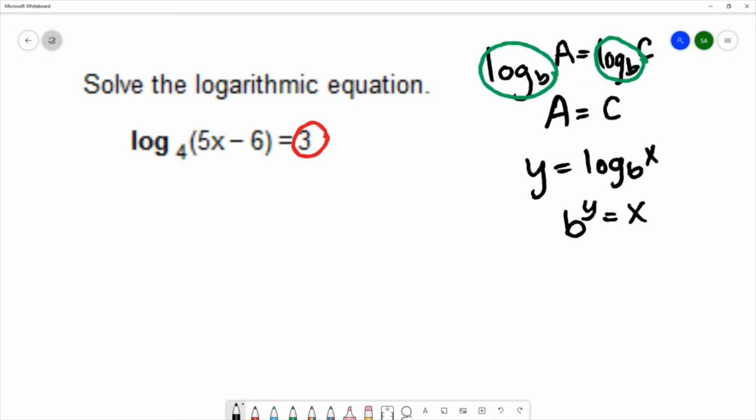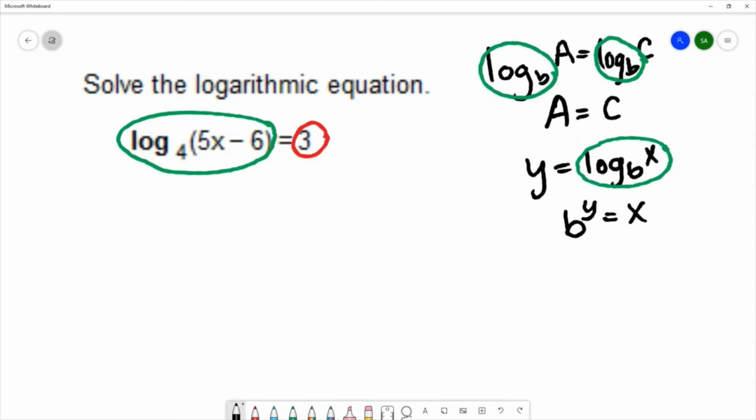So it allows you to rewrite that equation in something that's more familiar. And with this method, you typically only have log on one side of the equation, which is what we have in this example. So this is the method we're going to choose to do for this example.